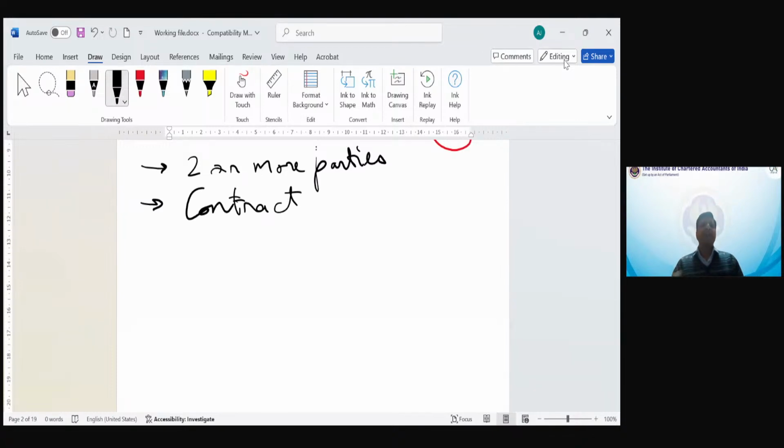It means they have an understanding, an agreement, or a shared understanding in respect of an investment through which these two or more parties will have joint control in the investee. So what is the third condition? Joint control.